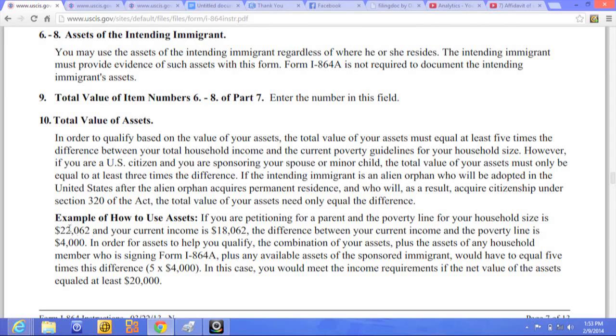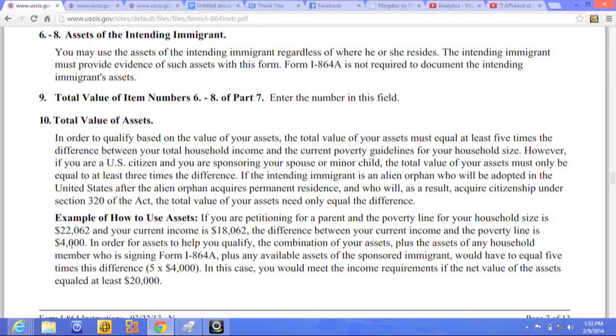You don't have it. So some people may think, I just have to have assets with the value of 4,000. You're wrong. Even though you can give proof, even though let's say you have 4,000 in your checking account, so you think you are safe, no, they say it's not enough. It should be 5 times.